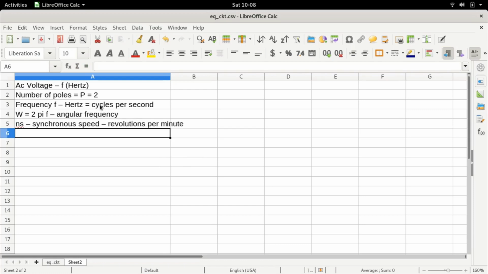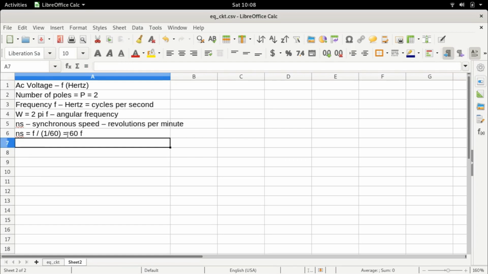So therefore, quite obviously, I can express ns in terms of f, and this correction is very simple. Just think very clearly. Cycles per second, which means it is f divided by 1 by 60. Just think about this. Cycles per second. If you want to convert second to minute, you're going to divide by 1 by 60, which means this is 60f.